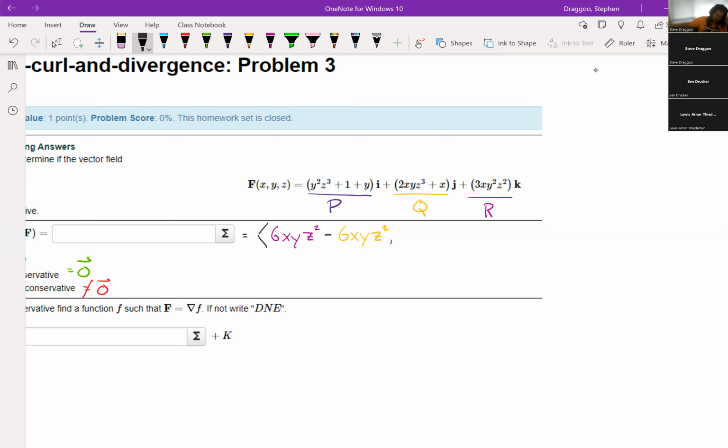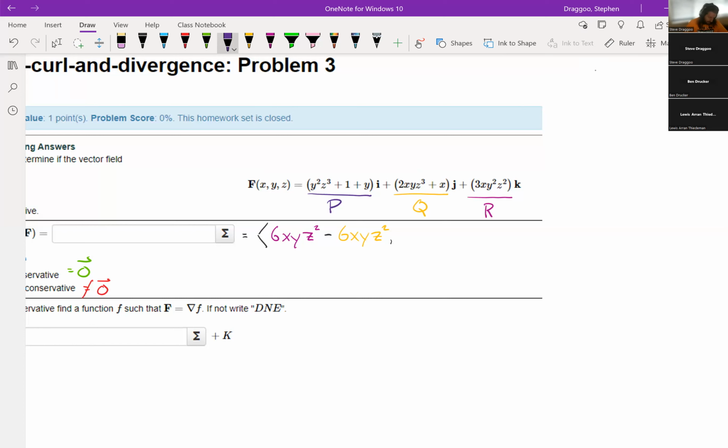So if R already has its partial Z, I want to do partial Y on it when I compare it to Q. I'm assuming Q already had a partial Y. So now I'm going to do partial Z when I compare it to R. That's the idea behind this curl working out for us. And of course, instead of saying those two pieces are equal, we'll just say that their difference is 0, which is, 6 of one, half a dozen of the other, is, I believe, the expression. I digress again.